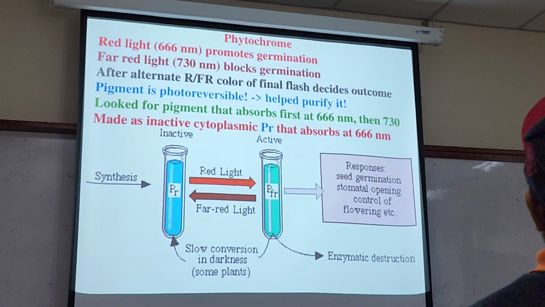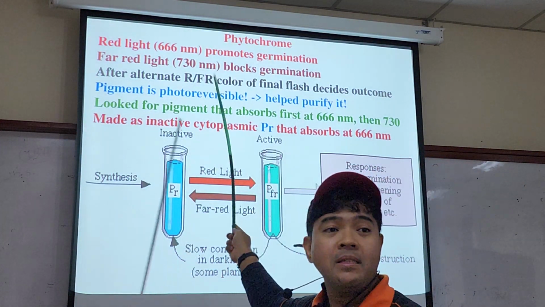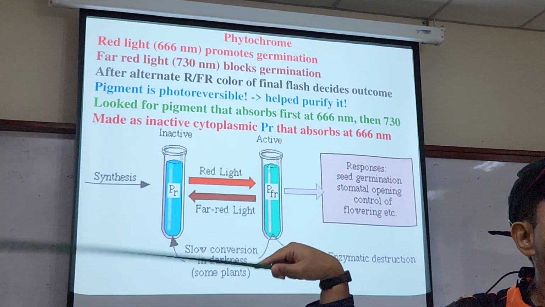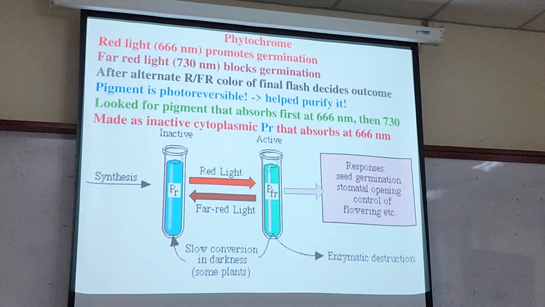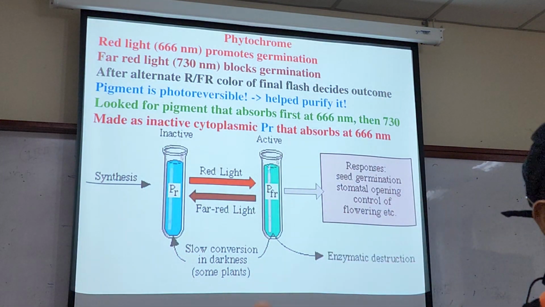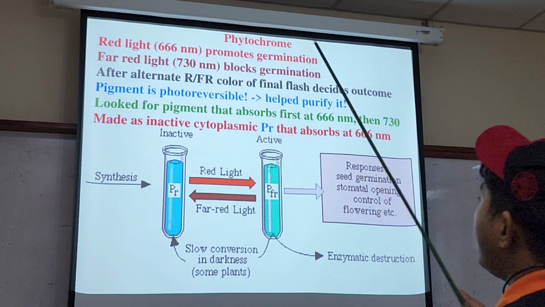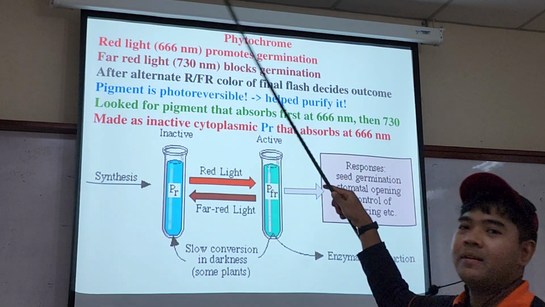Right. So that is causing most of the phytochrome in plants to be in PR form, the phytochrome inactive form. As the days progress and you approach spring, the photoperiod gets longer. And when the photoperiod gets longer, you will get more of this or more of this.